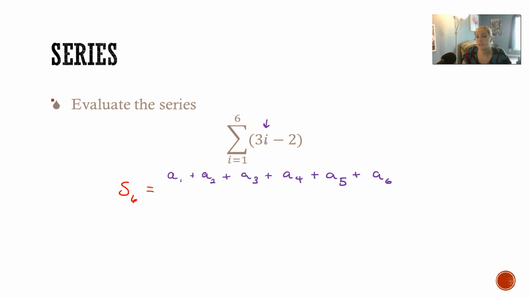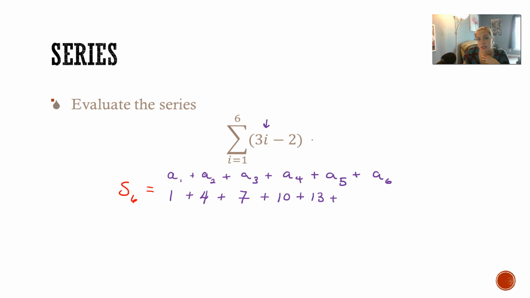A sub 1: 3 times 1 is 3, minus 2 is 1. A sub 2, I'm going to plug in 2 for i: 3 times 2 is 6, minus 2 is 4. A sub 3: 3 times 3 is 9, minus 2 is 7. A sub 4: 12 minus 2 is 10. A sub 5: 15 minus 2 is 13.